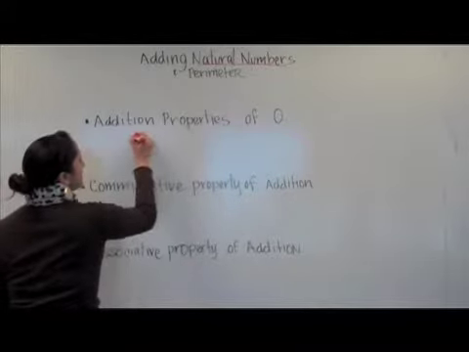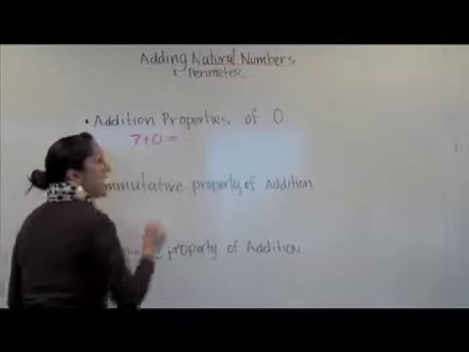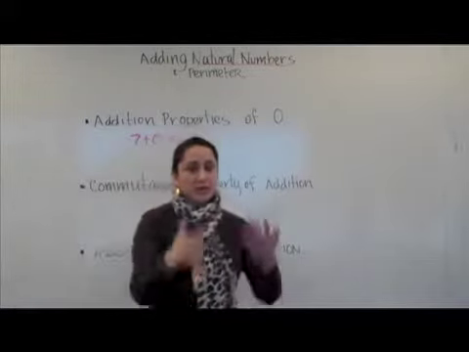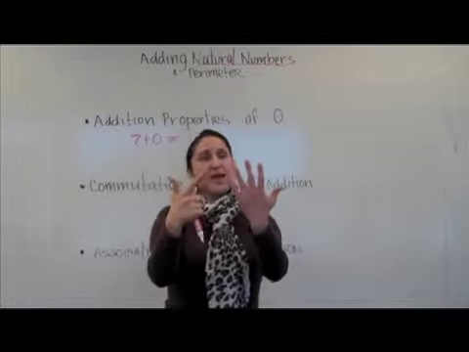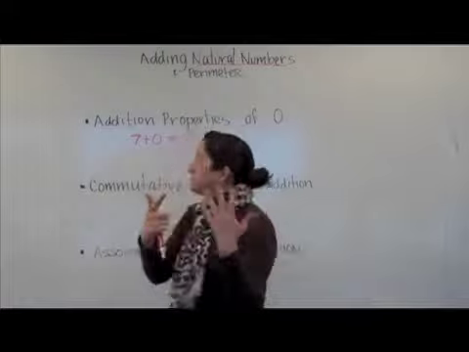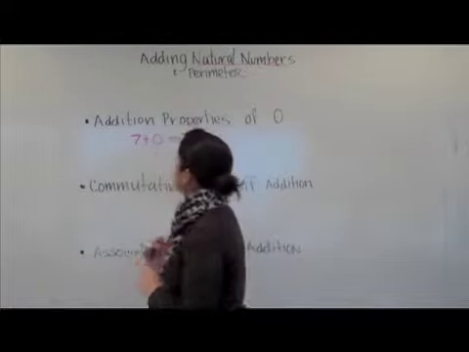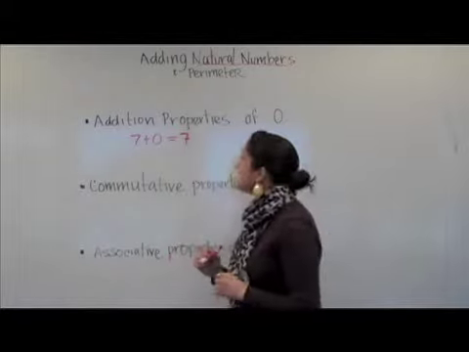This is like saying 7 plus 0. If you have 7 fingers and you don't take anything away or you don't add anything, then you still have 7. 7 will be your answer to this statement.